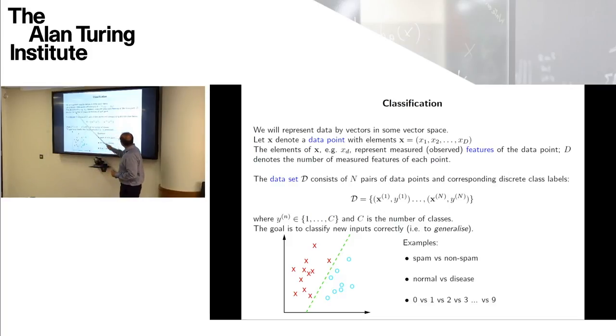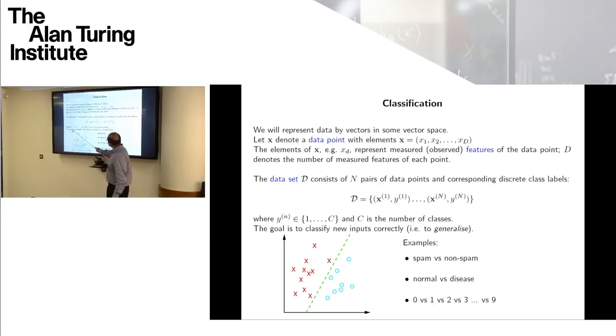An element of x, x sub d, represents a measured or observed feature of the data point, however you got them, and big D denotes the number of measured features of each point, the dimensionality of the data. Now a data set, I'm going to use calligraphic D to denote data sets, consists of n pairs of data points and corresponding discrete class labels. We have pairs x1, y1, where x1 is the input data and y1 is the class label. That's our training data that we're going to learn from.